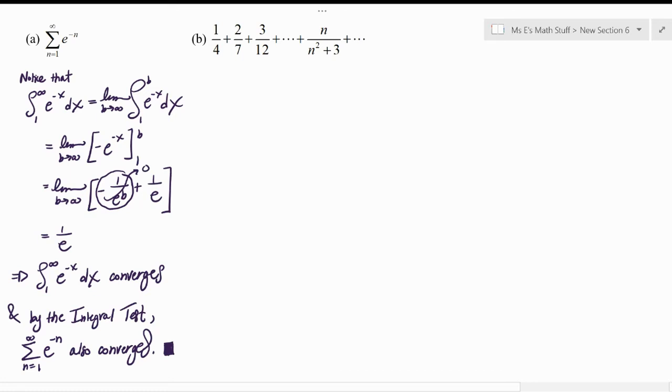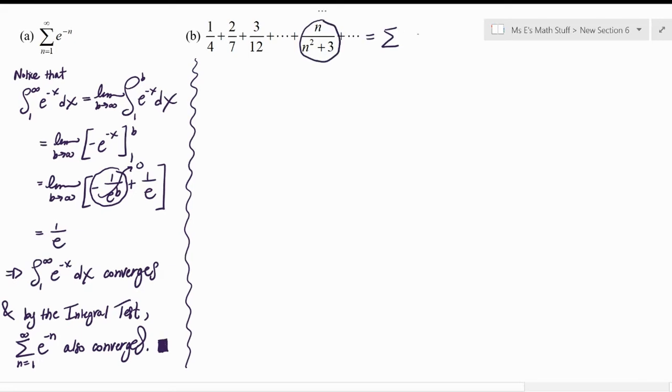The number one thing that a lot of folks don't like about Part B is that it wasn't given in sigma notation. If something wasn't given in sigma notation, you can always put it back in sigma notation. This one actually gave you the rule for how they're generating the terms, but if they didn't, you could typically have figured it out yourself.